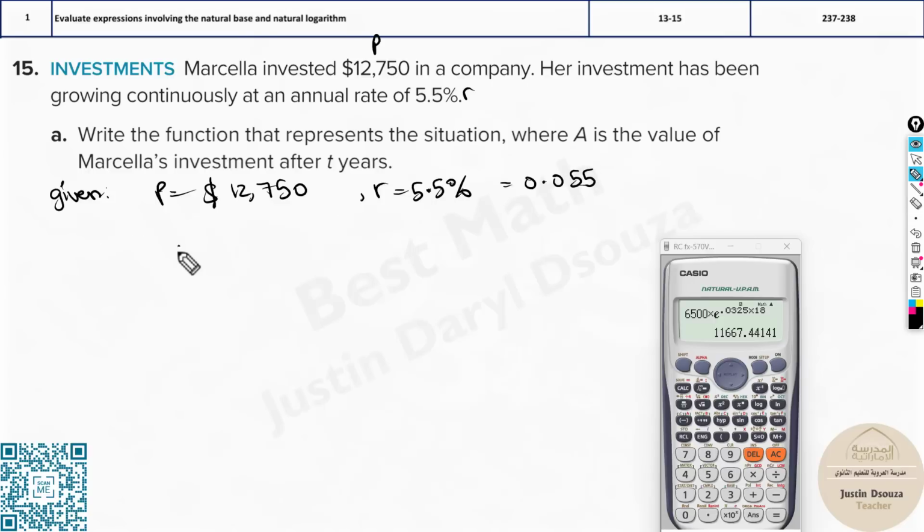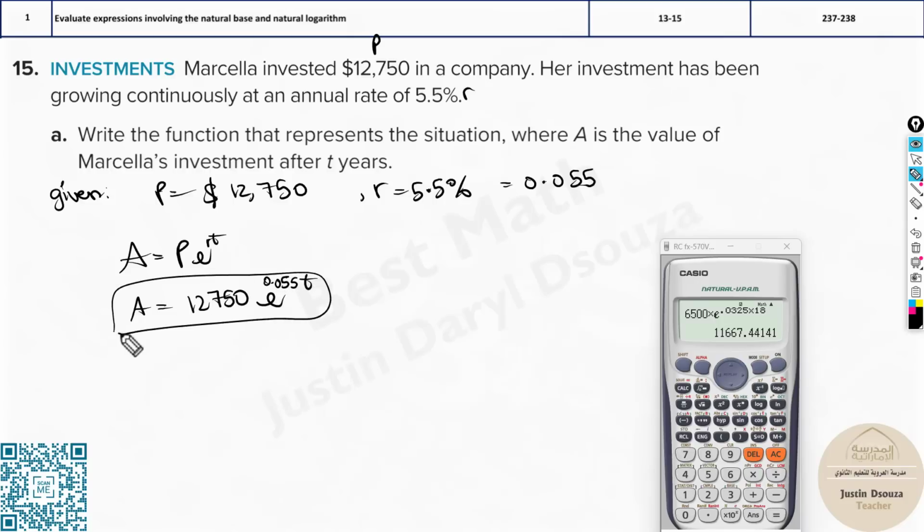Now what do we need to solve? It's the formula P e to the power R t. This whole thing is equal to A. Now substitute the given. A is 12,750 multiplied by e to the power R, which is 0.055 t. This is it. That is the part A.